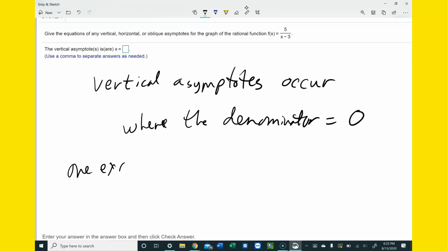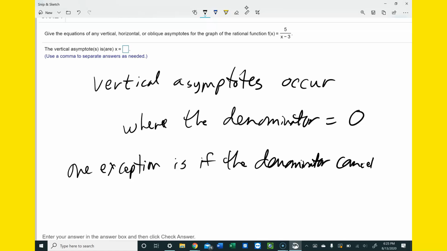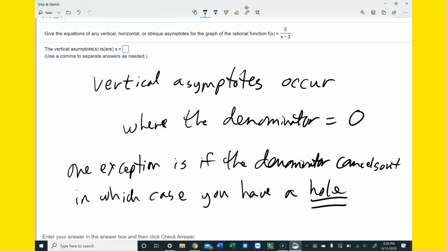One exception is if the denominator cancels out, in which case you have a hole rather than a vertical asymptote.